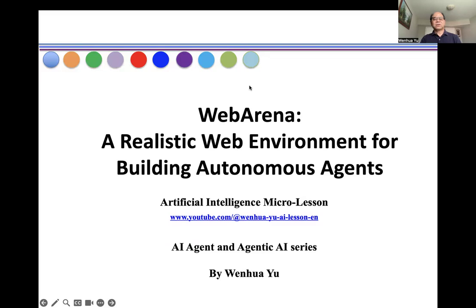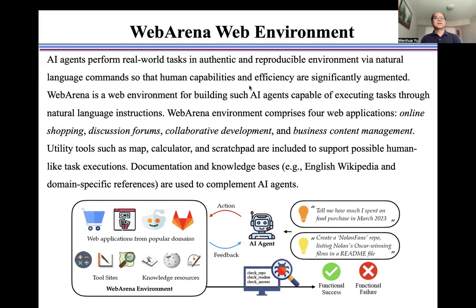In this video, I introduce WebArena, a realistic web environment for building autonomous agents. AI agents perform real-world tasks in an authentic and reproducible environment via natural language commands, so that human capabilities and efficiency are significantly augmented.